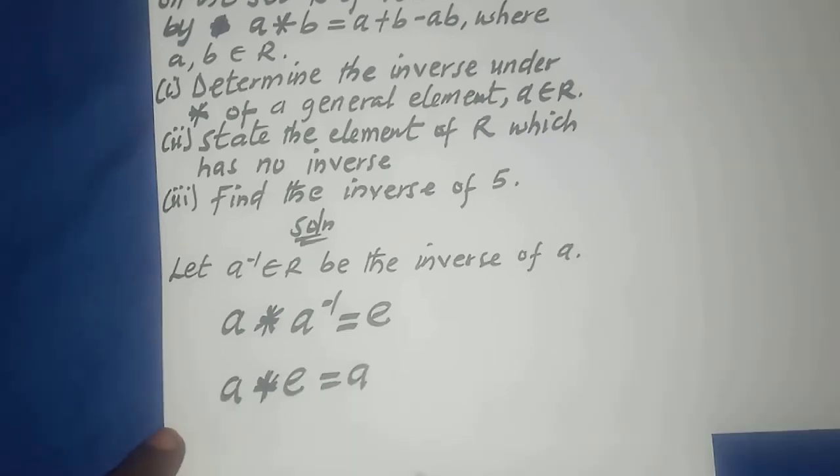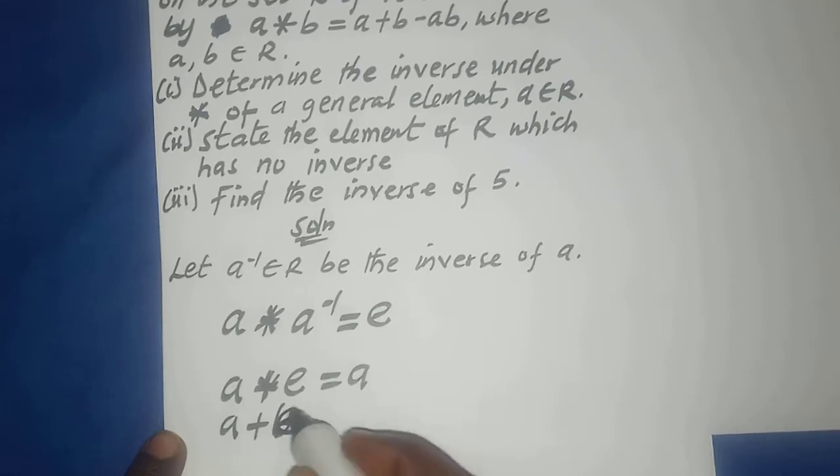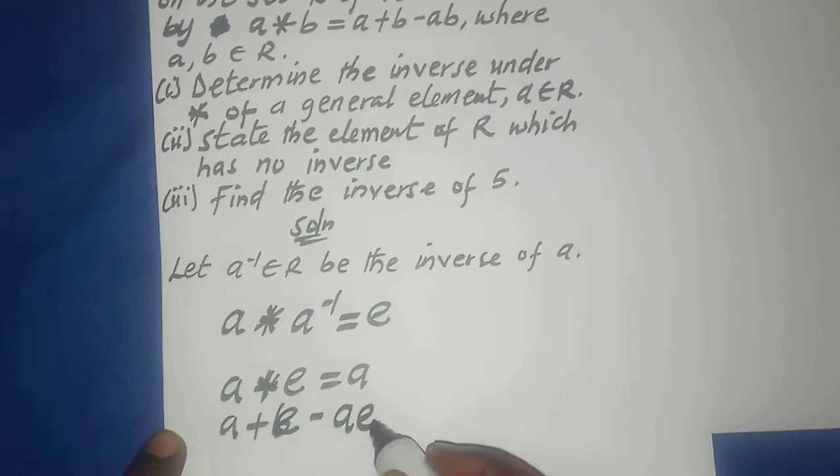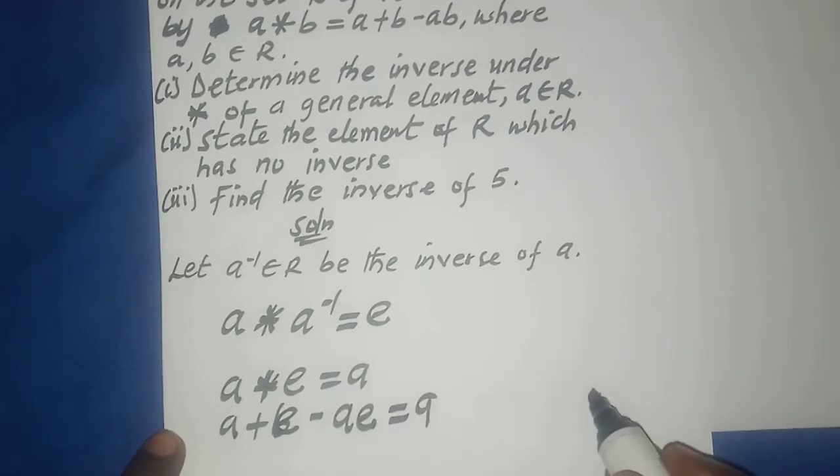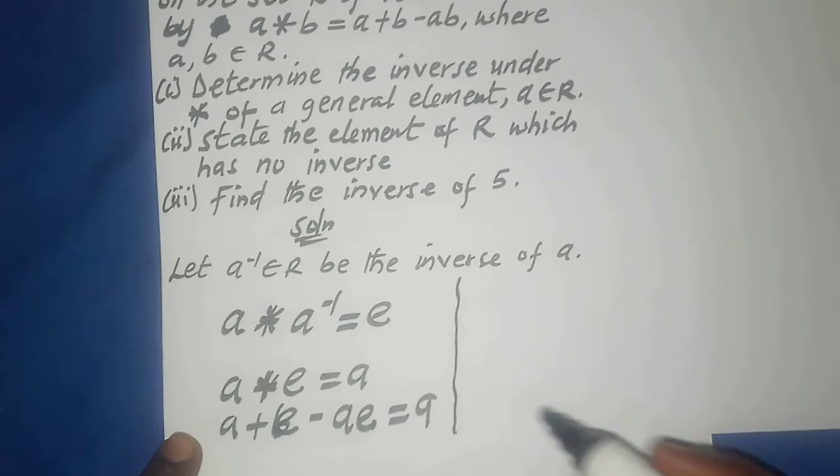Alright, so we'll be having something like A plus B. Sorry, our B is supposed to be E. So A plus E minus AE is equal to A. Let me continue this over here.